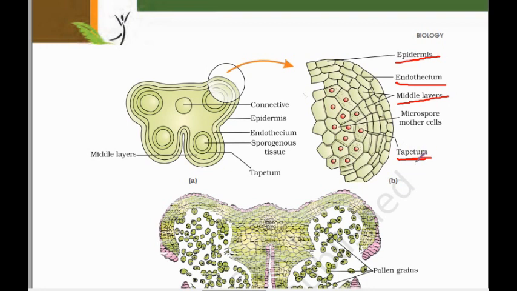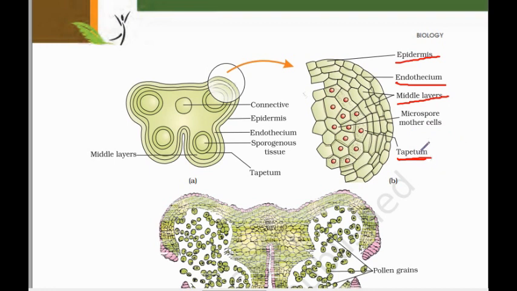And this tapetal cell undergoes endomitosis, where the nucleus divides but cytokinesis does not occur. This means division of the nucleus takes place, not followed by division of the cytoplasm, so that many nuclei are formed in one cell.